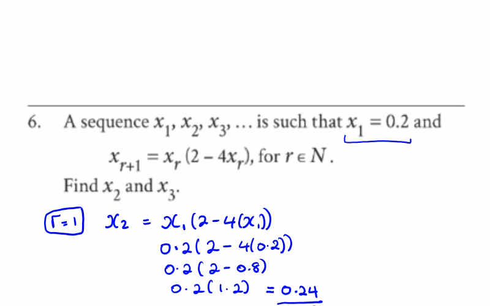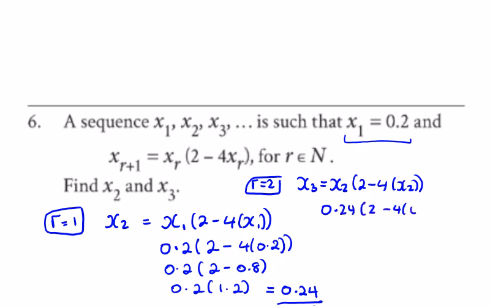So that's x2. For x3, we write down r is equal to 2, so x3 is x2 times (2 minus 4 times x2). So x2 is 0.24 times (2 minus 4 times 0.24), which is 0.24 times (2 minus 0.96, since 4 times 0.24 is 0.96).